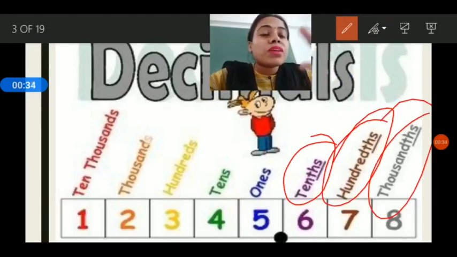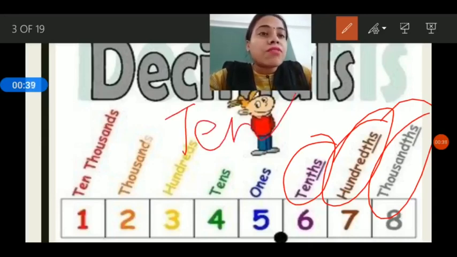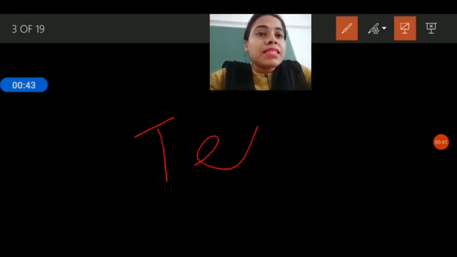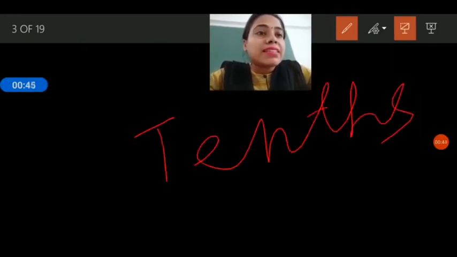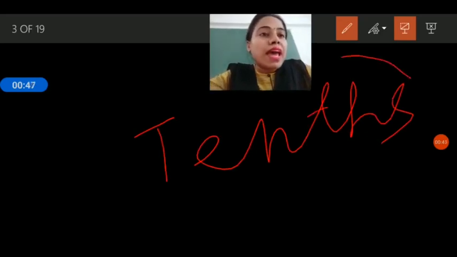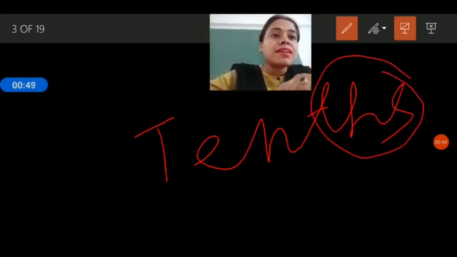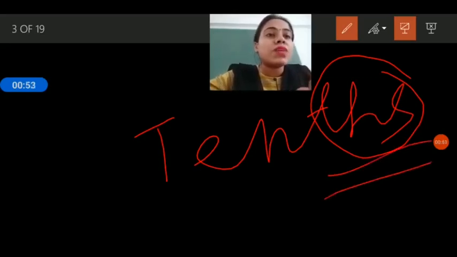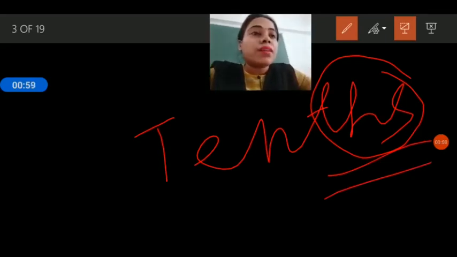Means the decimal part does not start from ones, it starts from tenths, and we write it as TENTHS. In decimals we add TH at the end in the places of tens, hundreds and thousands, like tenths, hundredths, thousandths. Understood?